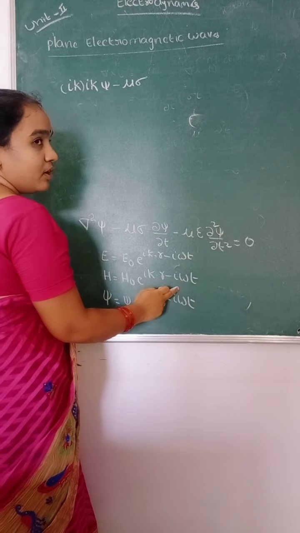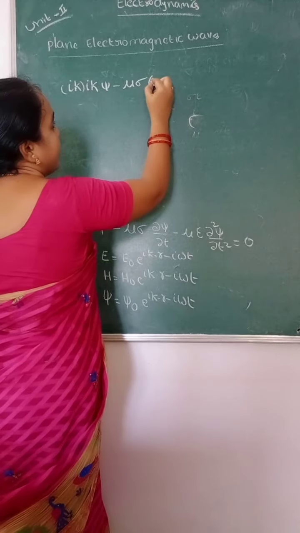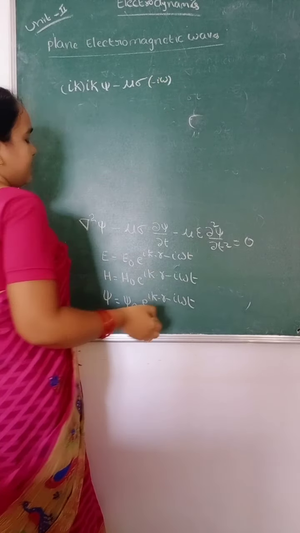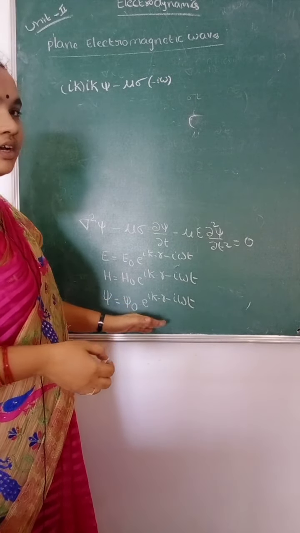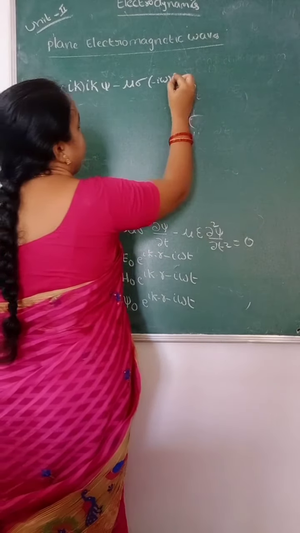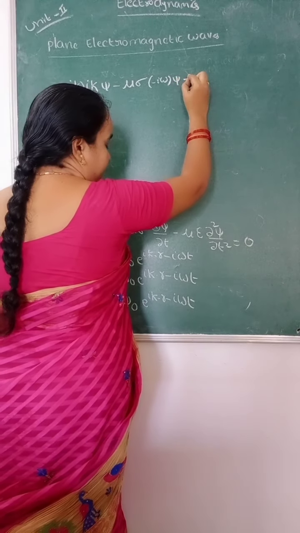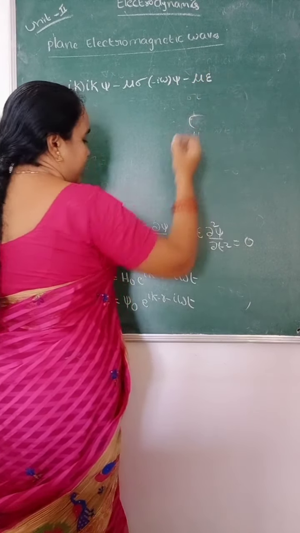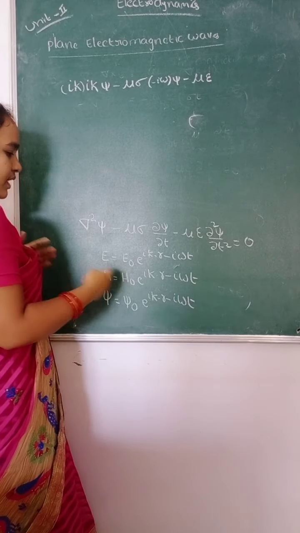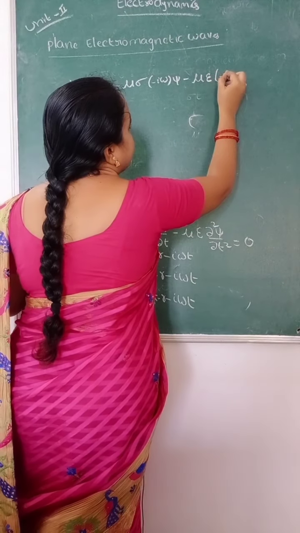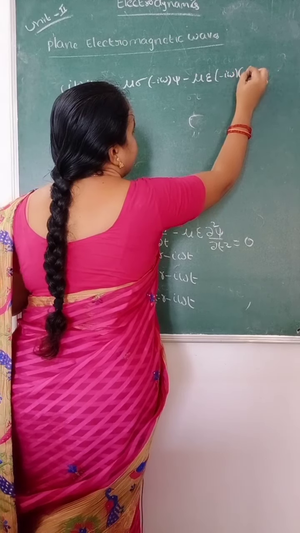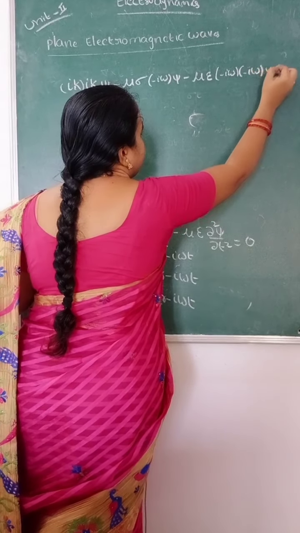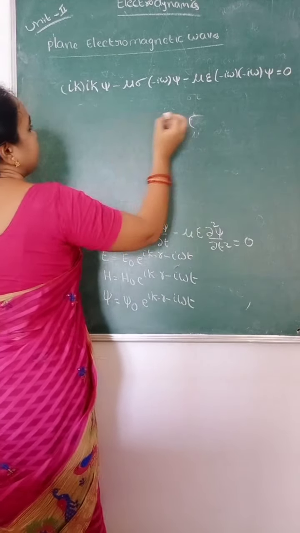The time coefficient is minus I omega, so we get minus I omega psi, minus mu epsilon differentiating 2 times, that is minus I omega again minus I omega into psi, is equal to 0.